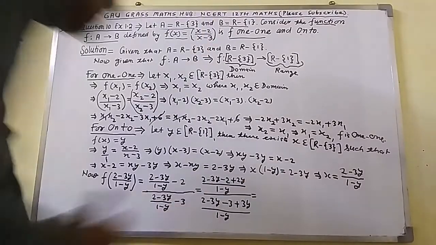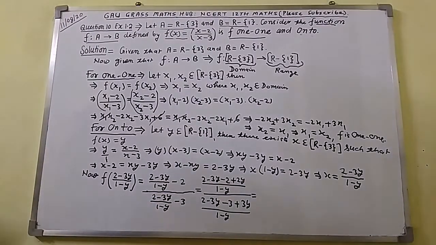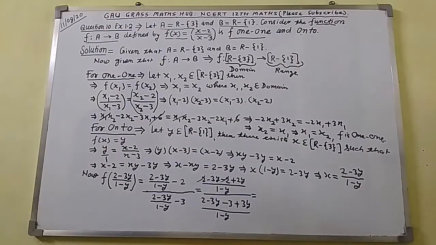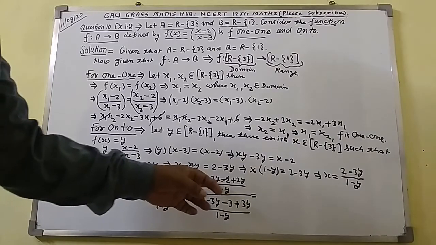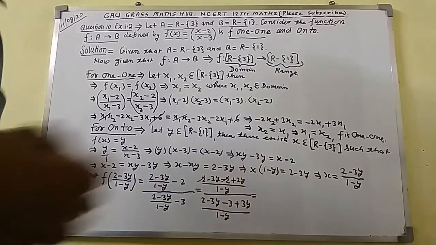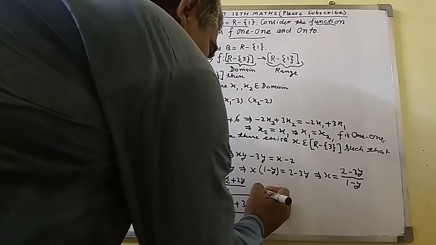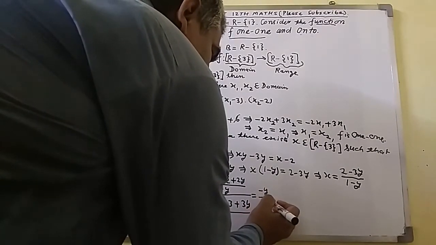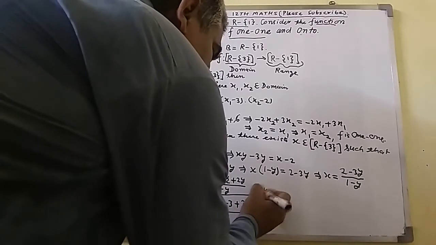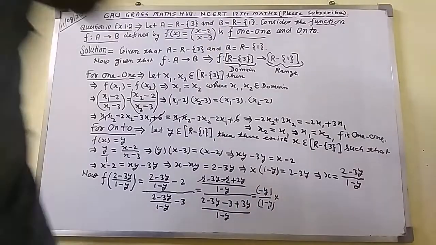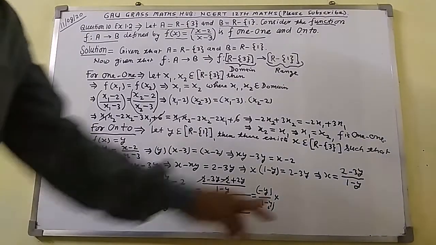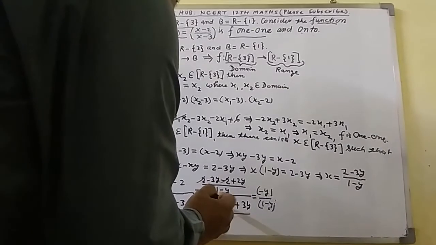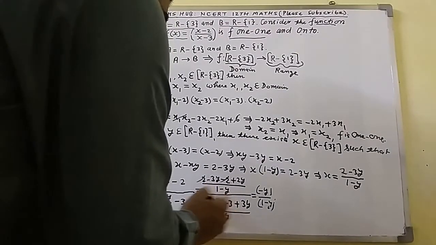So you will get the result here. You can see here this plus 2 minus 2 will be cancelled out. Here you will get minus 3y plus 2y, you will get only minus y whole over 1 minus y. Here you can see minus 3y plus 3y will be cancelled out.